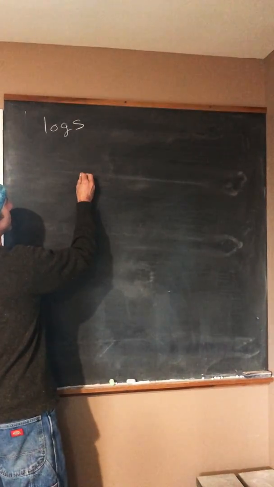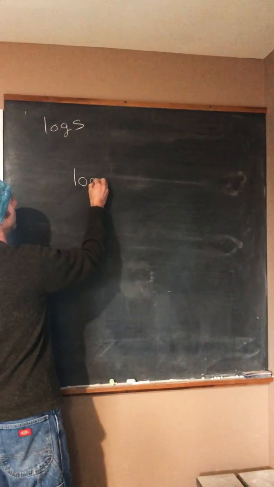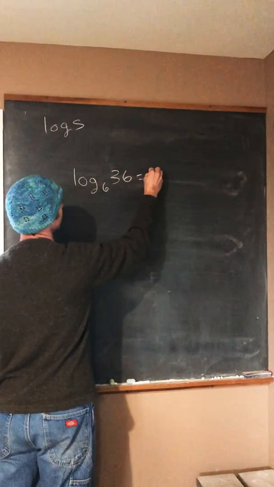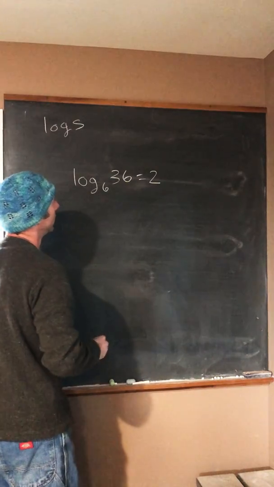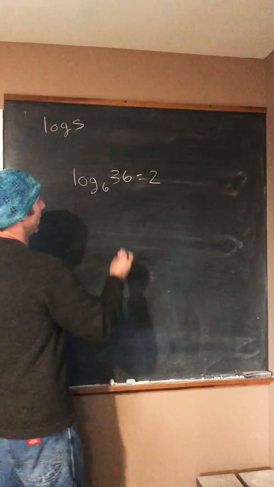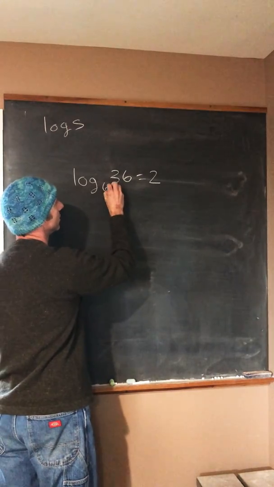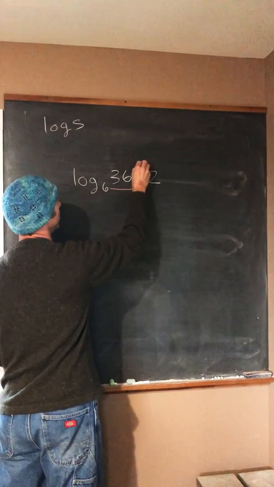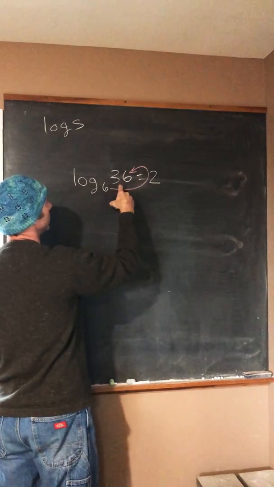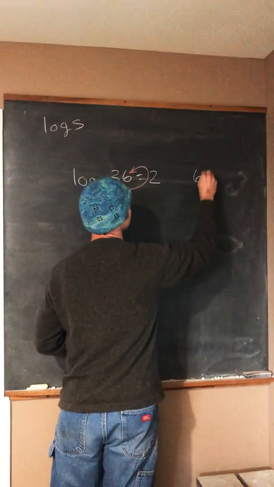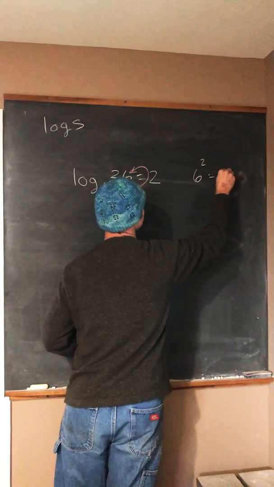So let's try this. Log base 6 of 36 equals 2. And it goes like this: the base to the exponent equals the argument. So that's going to be 6 squared equals 36.